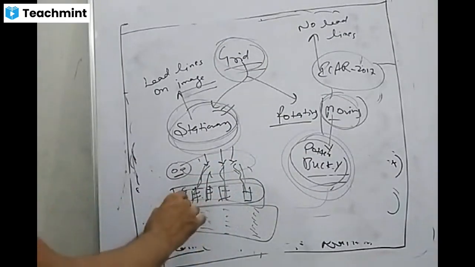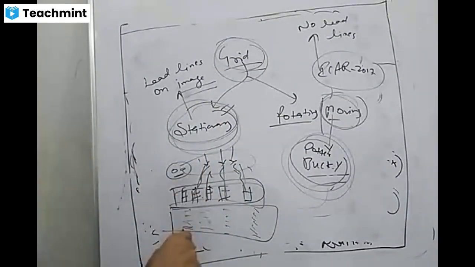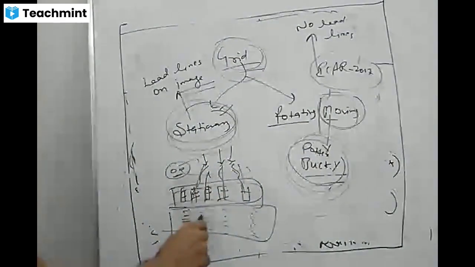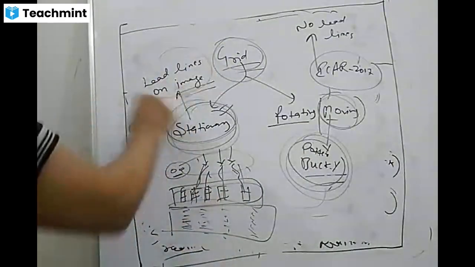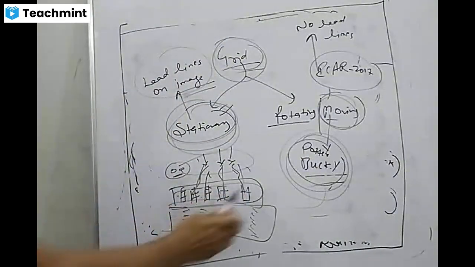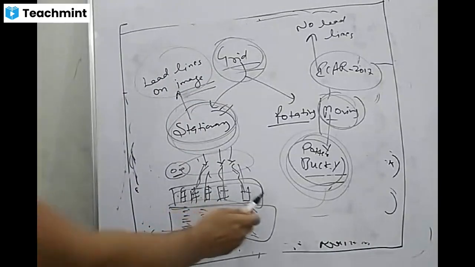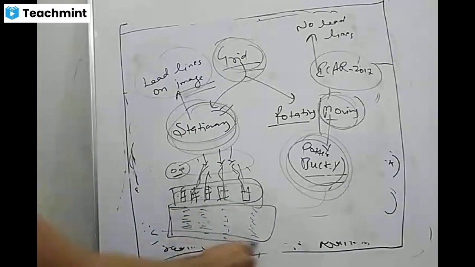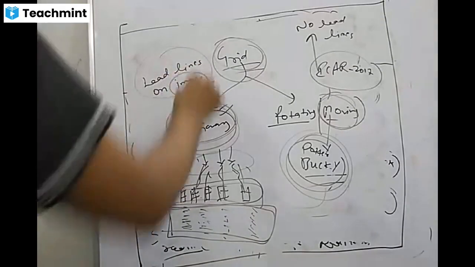Because it is stationary, the lead lines present on the grid will come on the radiograph, which will further reduce the quality of our image.